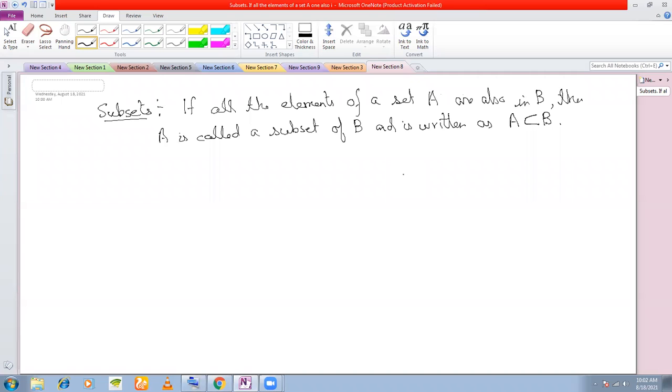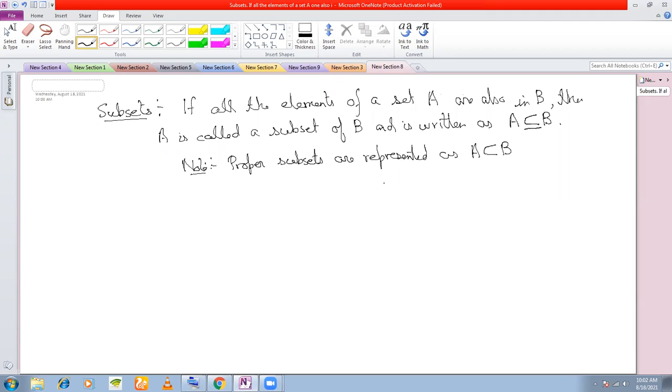The only difference between proper subset and subset is that the sets can be equal in case of subsets. We represent this as this, the representation for subsets. Proper subsets are represented as this.